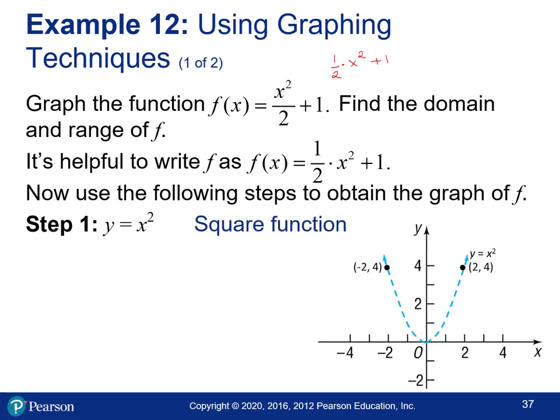Step 1 is to graph our original function, our parent or library function, with some key points on it: (0, 0), (2, 4), and (-2, 4). You can also plot (1, 1) and (-1, 1) if you'd like, just to get those key points.